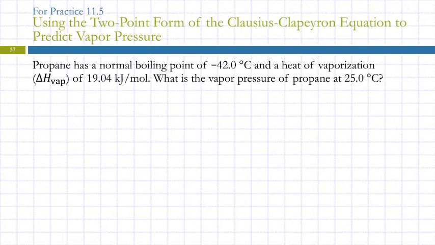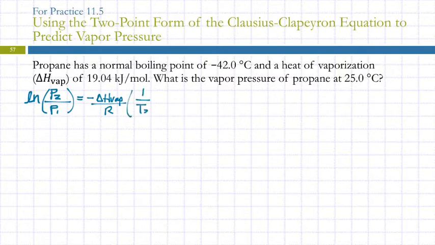So let's write that down. The natural log of P2 over P1 is equal to negative delta H vap over R times the quantity 1 over T2 minus 1 over T1.